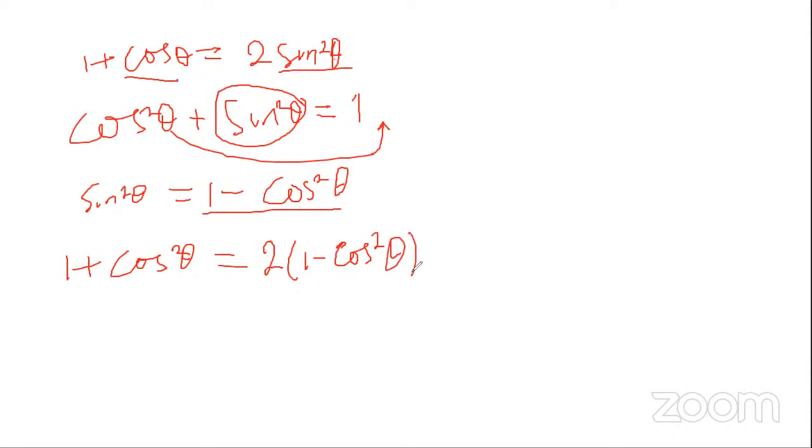Here we just open brackets. 2 times 1 gives us 2, and 2 times cos squared theta gives us 2 cos squared theta. And this one remains as 1 plus cos theta. So what are we going to do after here?